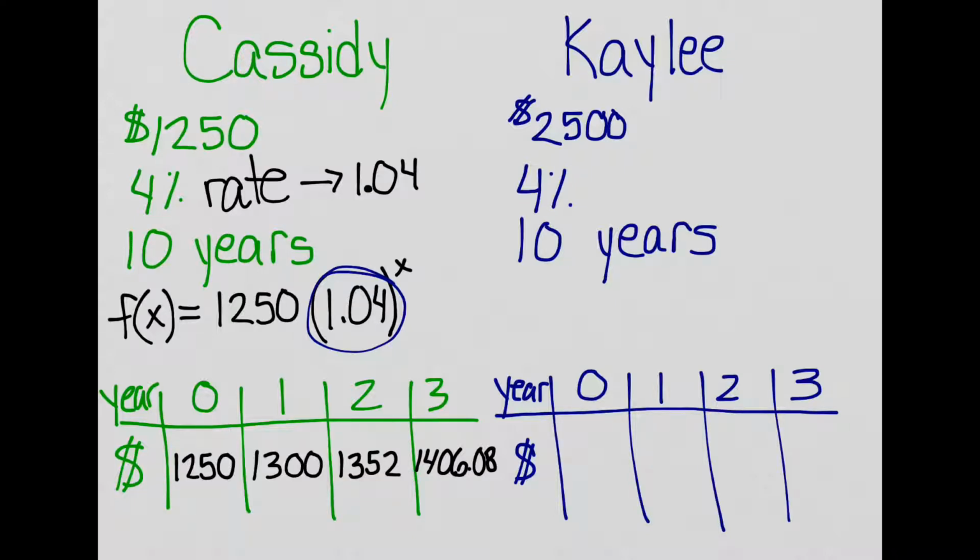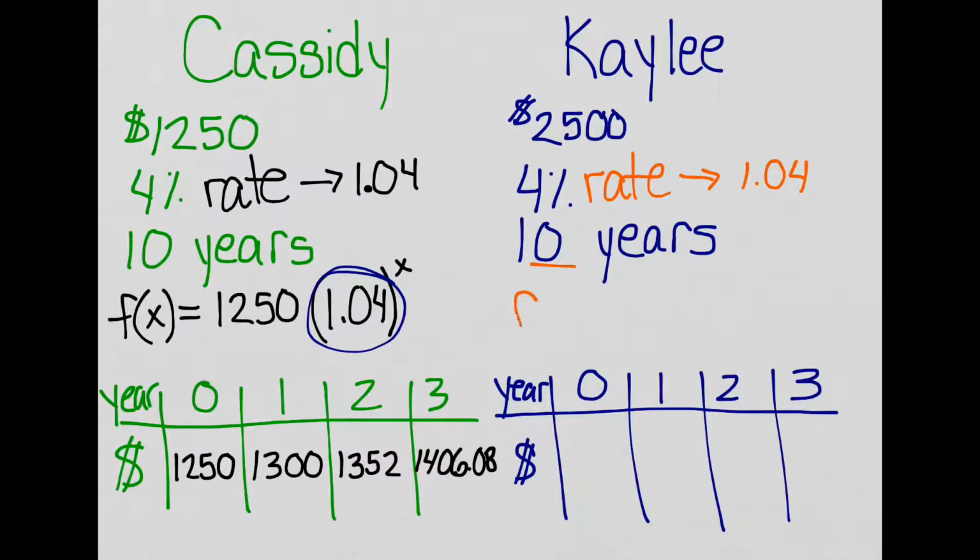Let's talk about Kaylee. So Kaylee must be loved twice as much, maybe, do you think? Her rate is the same as Cassidy's. She's leaving it in there for the same amount of time, but she got twice as much money to start off with. So then if our growth rate was 4%, our growth factor must also be 1.04, just like it was for little sister.